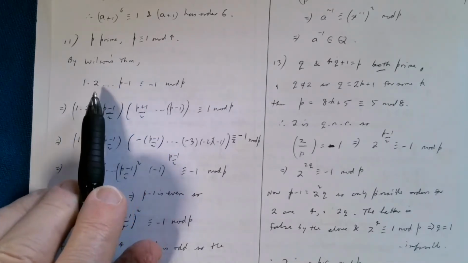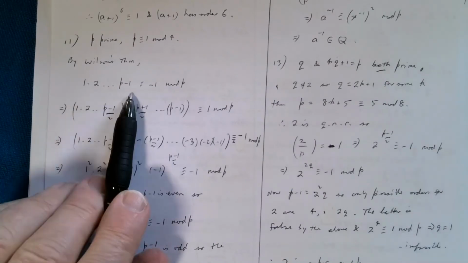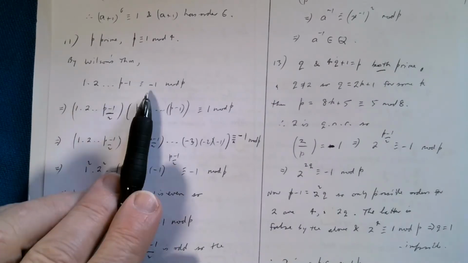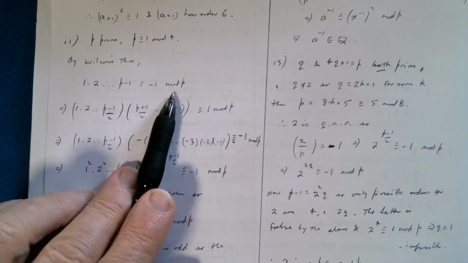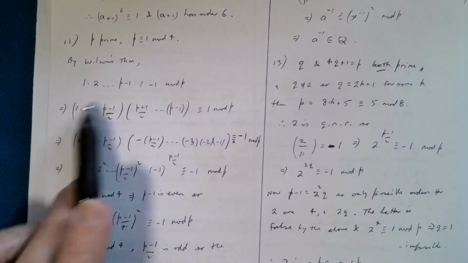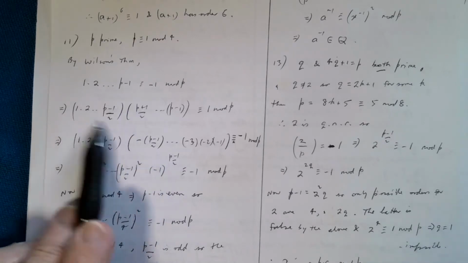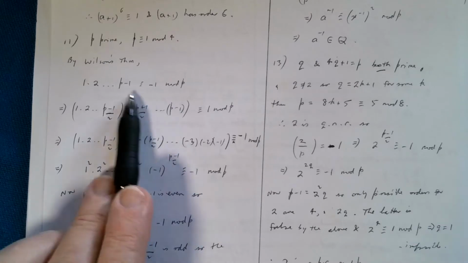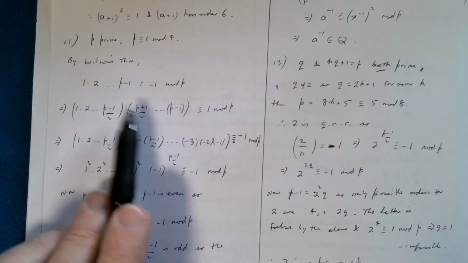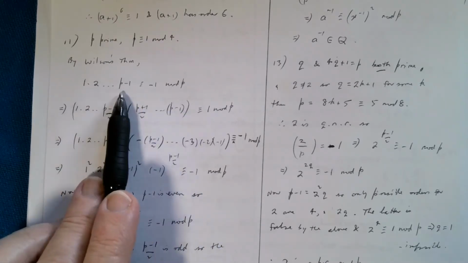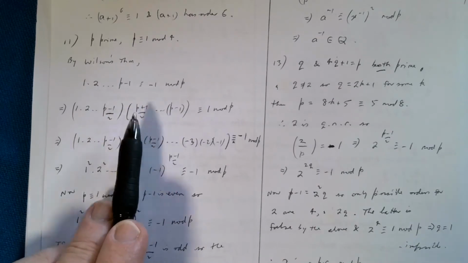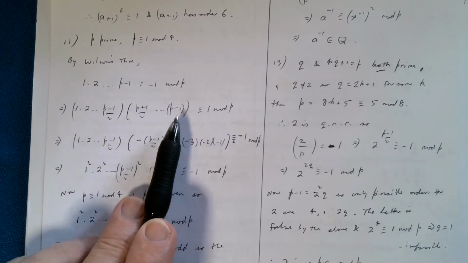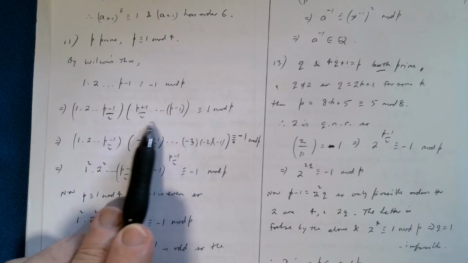I'm going to start by looking at the product of the numbers 1 up to p minus 1, which is congruent to minus 1 mod p. We do a standard trick here. We stop halfway, and then we can write the next terms as (p plus 1)/2 up to p minus 1, and we can read all of these numbers modulo p.